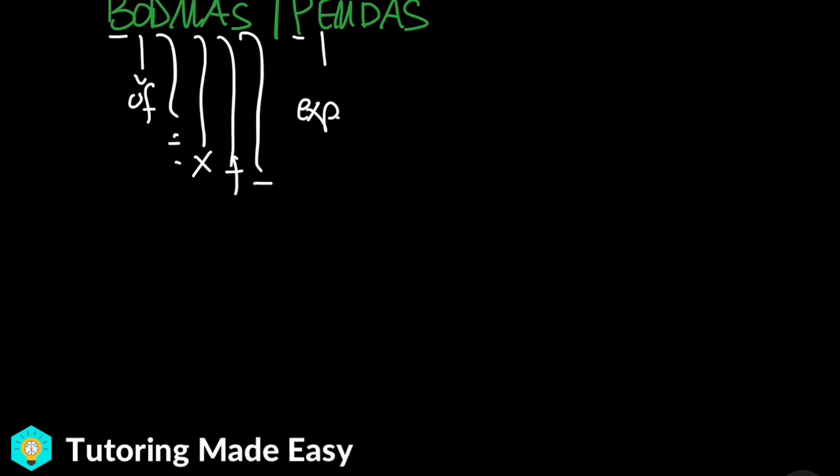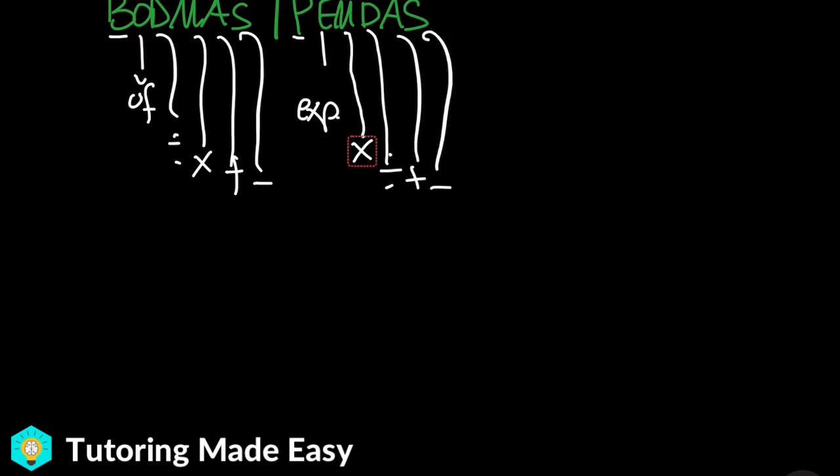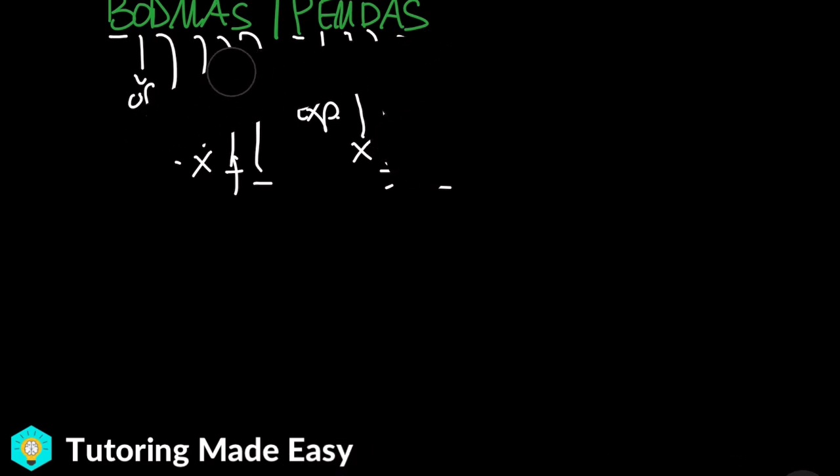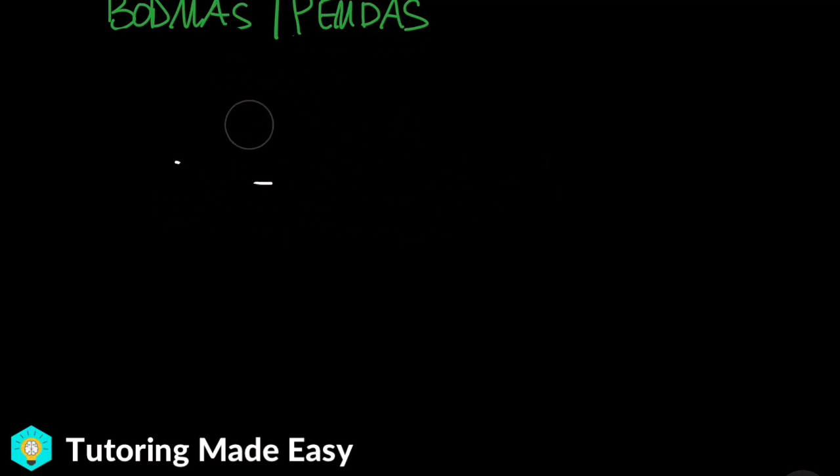So I think the last letters are multiplication, division, addition, and subtraction. It's similar. I think you're going to get the same result when you work it out. No matter whichever one you use, you're going to arrive at the same answer. All right. So, be mindful of which one you want to use.